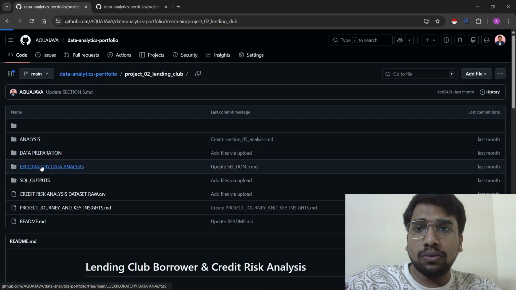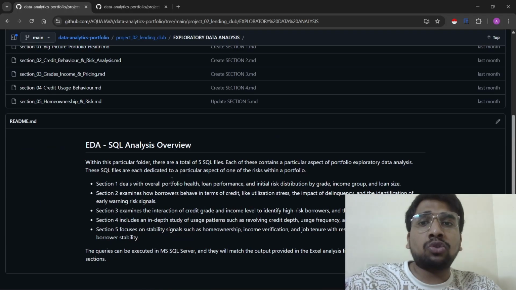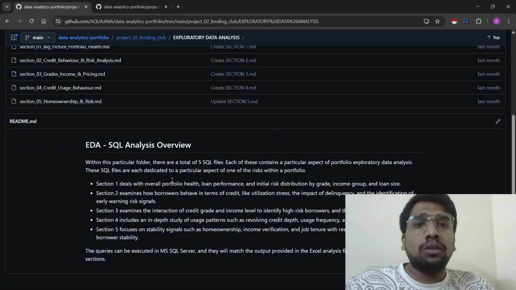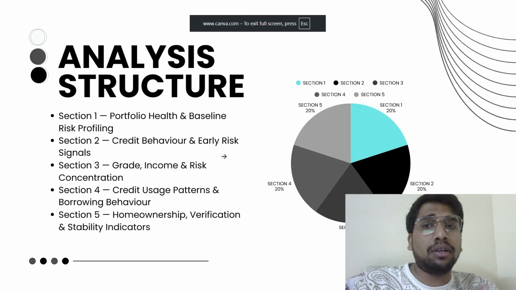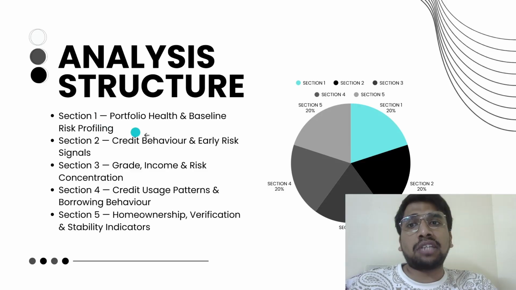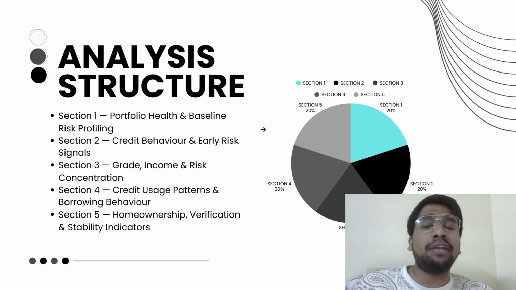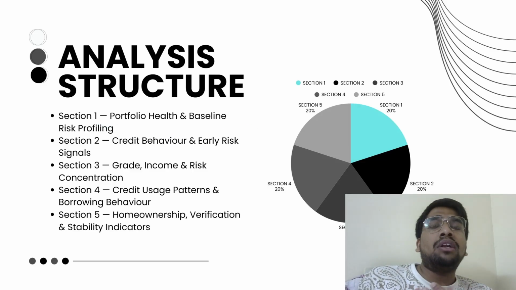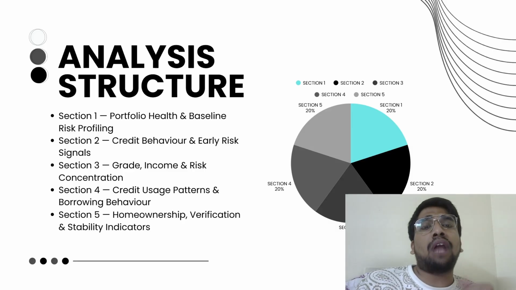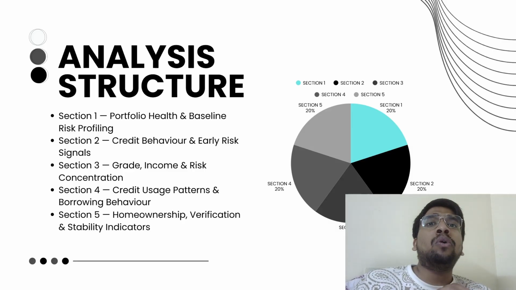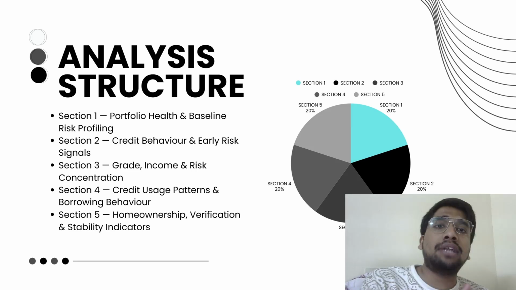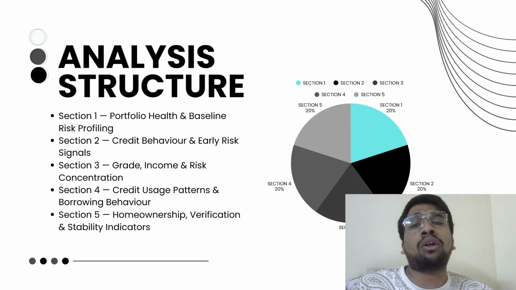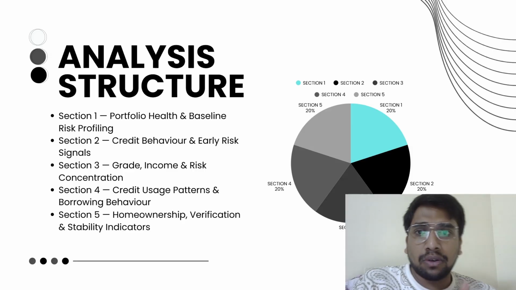As told earlier, this project is divided into 5 parts. The first section talks about portfolio health and baseline risk profiling, wherein I have done basic analysis to understand how the portfolio health is, and how the amount of loans and the number of loans are distributed on the basis of different segments, on the basis of grades, on the basis of income buckets, or on different bases.